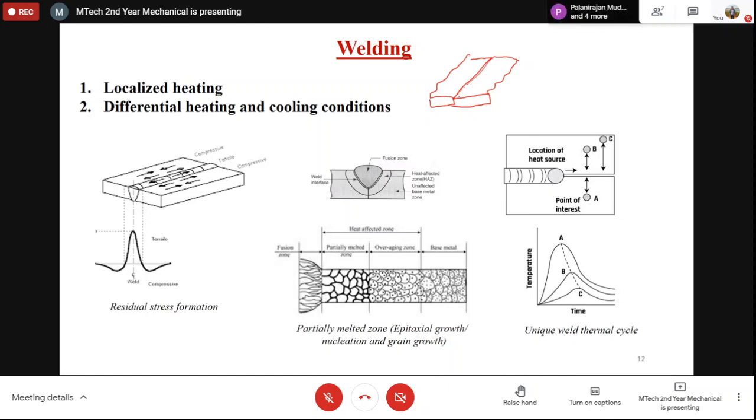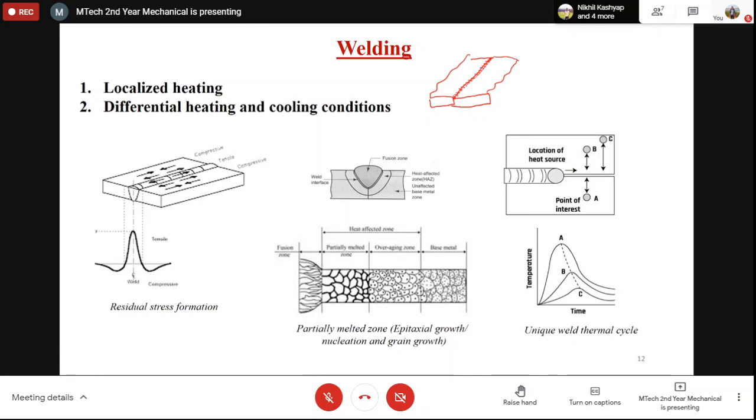If we want to join them by welding, then this will be the region where we have to apply the heat. Since we are not heating the whole assembly or the whole structure at constant temperature, we are just applying heat in the local region.